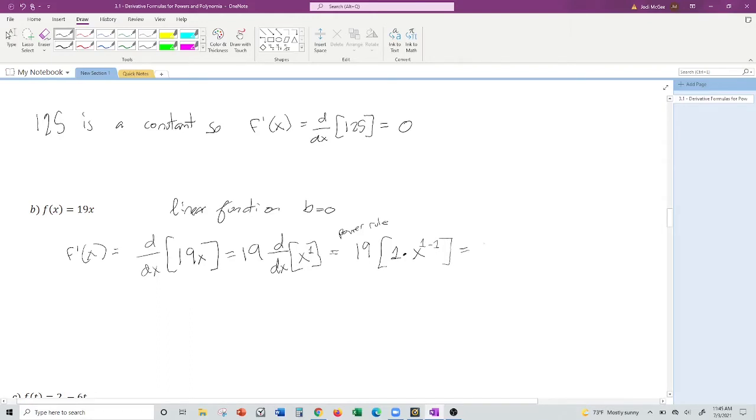So this is the same thing as 19 times 1x, which is just x to the 0th power, and anything to the 0th power is just 1. So this is 19 times 1, which is 19. So our derivative of 19x is just 19. Okay?